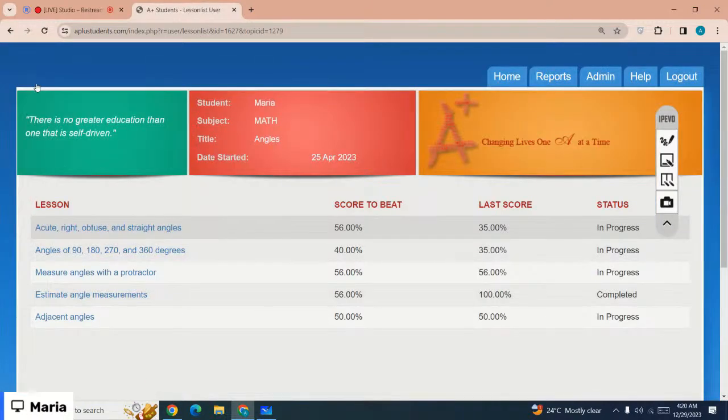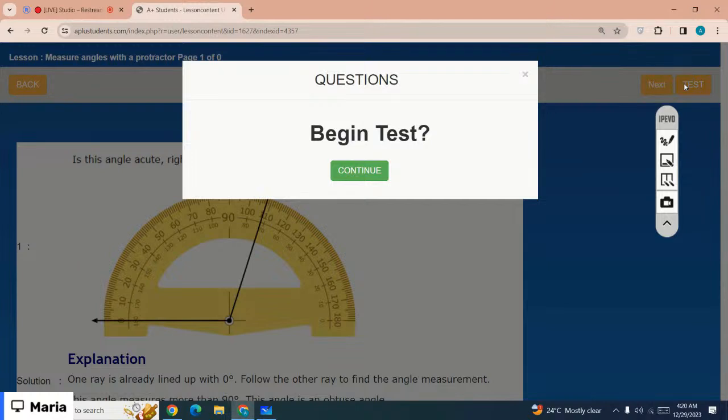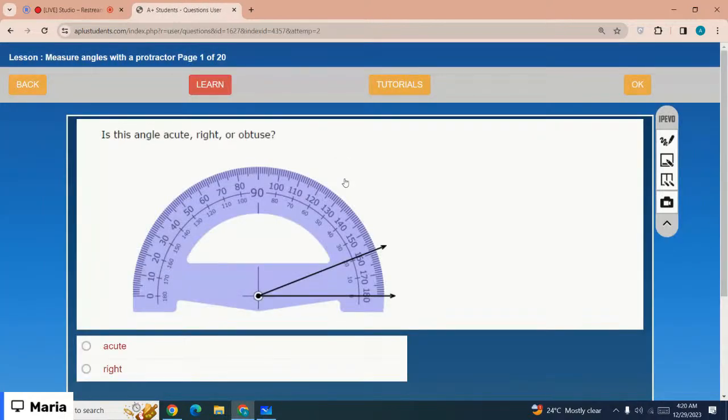And the next lesson is measure angles with a protractor. Measuring angles with a protractor is very, very easy. You just have to place the protractor on the angle and see that one line is aligned with 0, and the other line, you see where it is aligned.